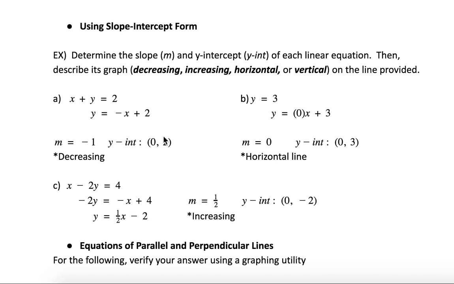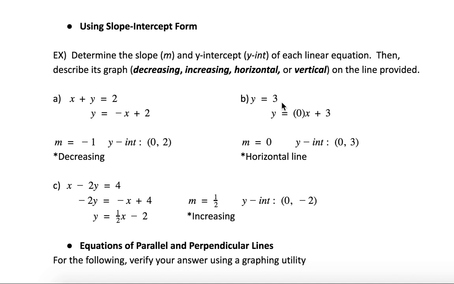I like to state it in coordinate pair form, although if you said the y-intercept is 2, we would all know what you're talking about. I like to put it in coordinate pair form just so it reminds me that the x value is always 0 for a y-intercept. So that way if I want to check it, I can plug a 0 back in and see that my y-intercept is y equals 2.